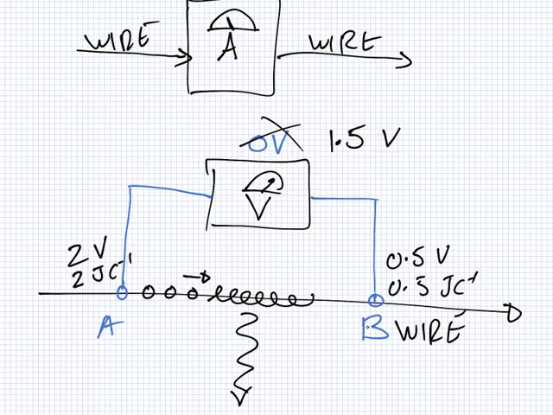Now it's not actually possible to know the voltage here and to know it here. The voltmeter can only tell you the difference. So the voltmeter is not like the ammeter. It can only look at 2 points and tell you the voltage between the points, or to be more precise, the difference in the voltage between the points.